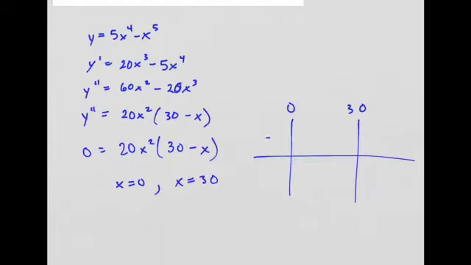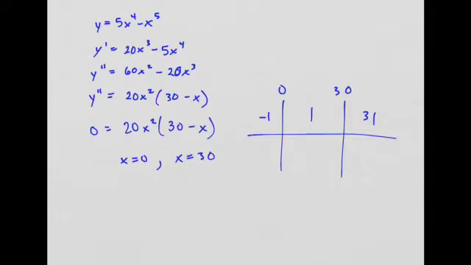My test points will be -1, 1, and 4, and I'm plugging them into the second derivative. Factored form is the easiest. I want to know if it changes sign. I already know it equals 0 here, but I want to know if it changes sign.